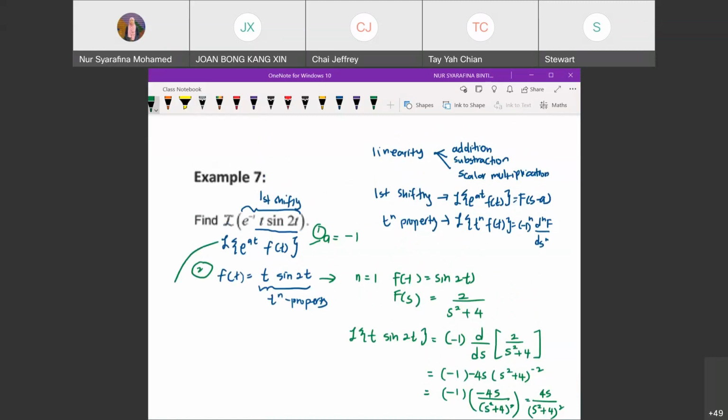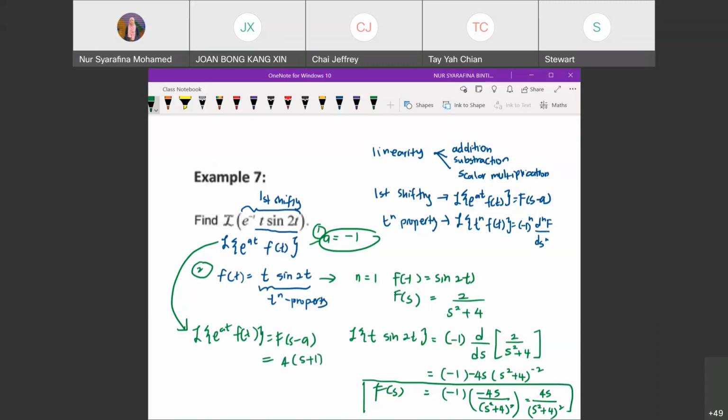So from here, you know that this is mapping to what? F(s minus a), and you have your F(s), and you have your a. So it will give you 4(s plus 1) over (s plus 1) squared plus 4, squared.